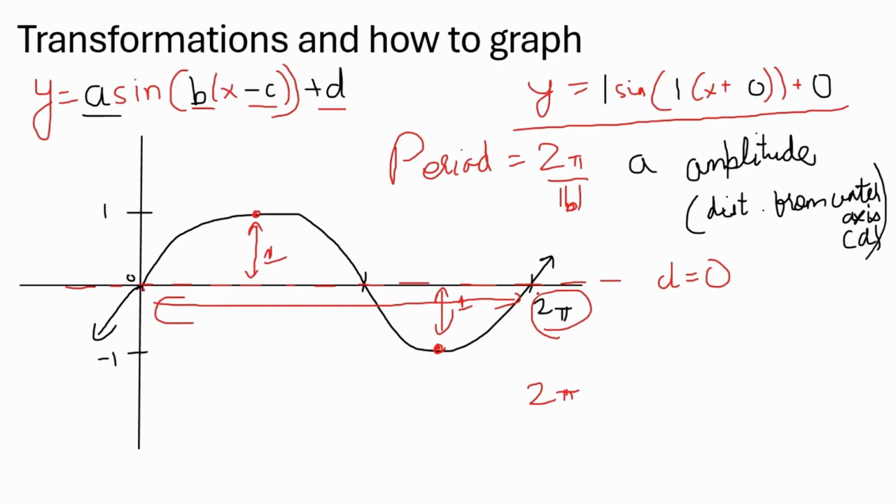Actually, no, I'll get to that later. The C value is how much it's shifted left and right. Remember, it's literally your h value. But the advantage we have with sine graphs or cos graphs, sinusoidal functions, is they repeat.